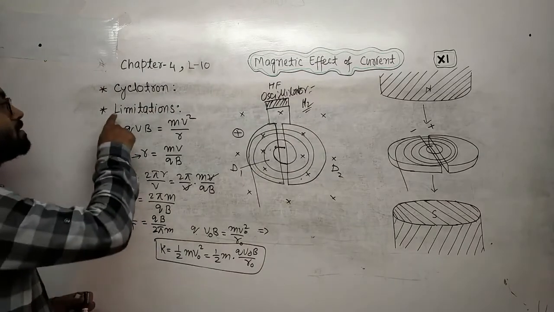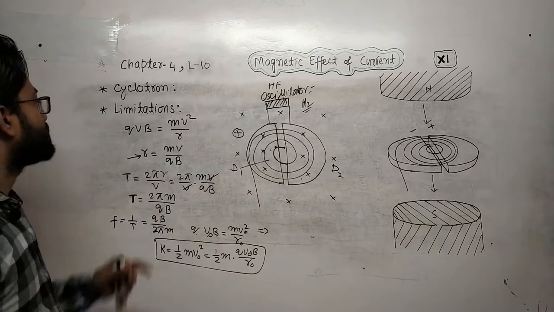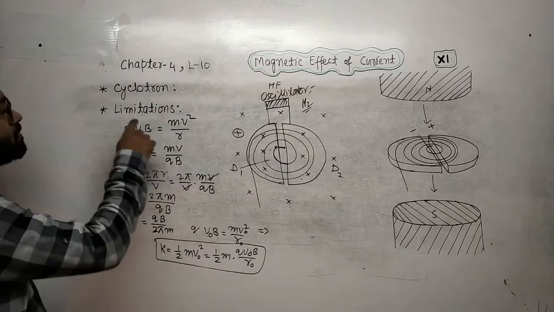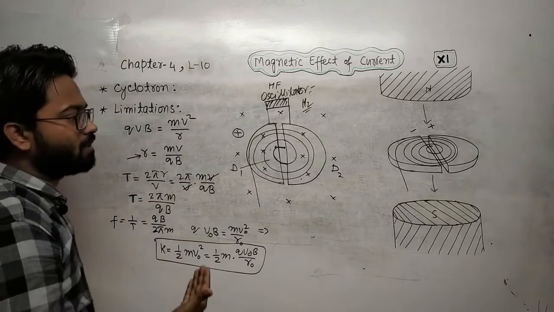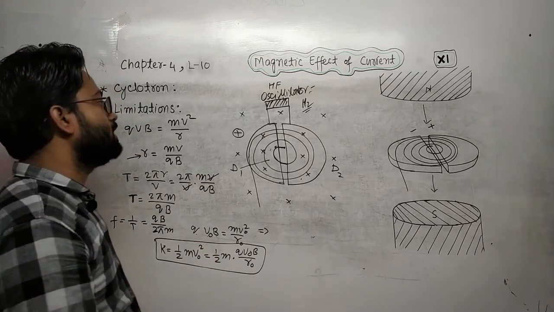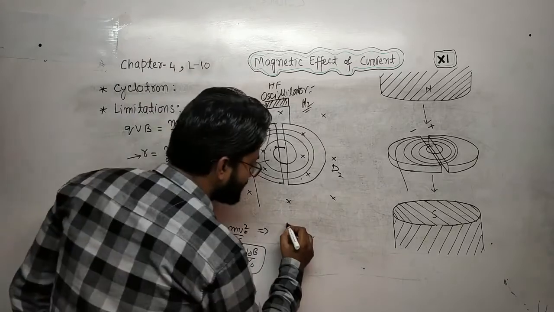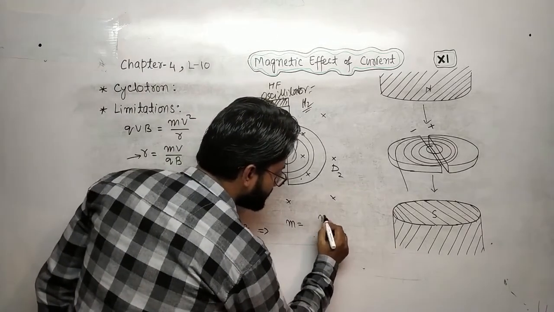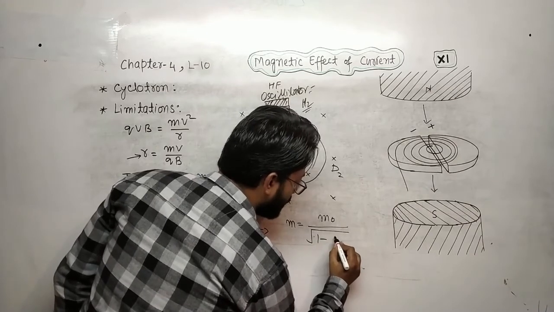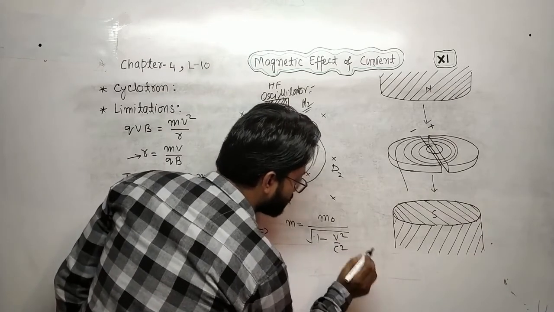Next point, the cyclotron has some limitations. What will be the limitation? The limitation is when the charged particle has very high velocity. That means the mass of the charged particle will change according to Einstein's equation.